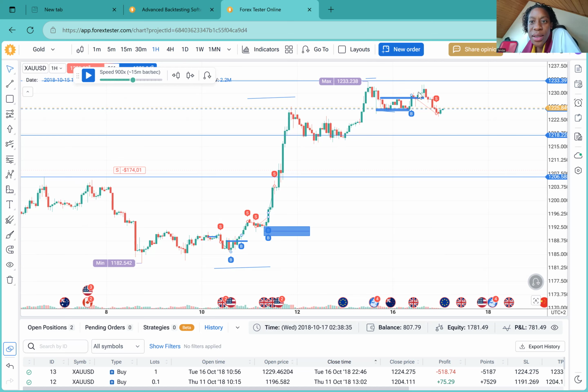Can you see that? It just came up to here, and it did not make a higher high. In fact, it made a lower high, which is right here.